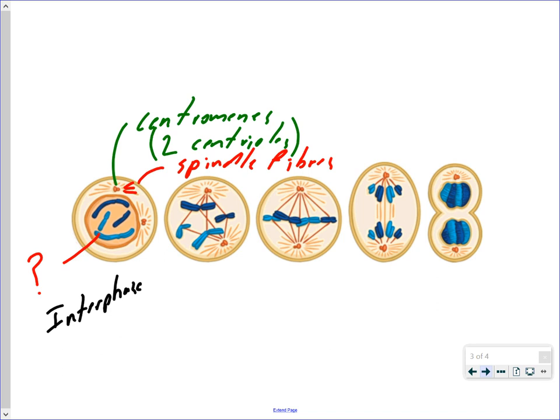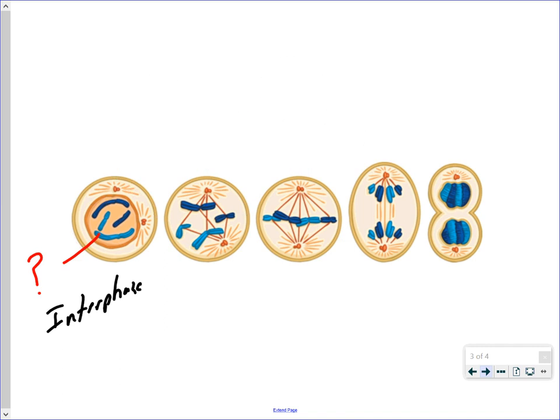With interphase, the nuclear membrane would still be visible, the centromeres and centrioles would not be fully developed, and spindle fibers would not really be forming yet. In reality, if this were interphase, we wouldn't be able to see the chromosomes, but they would have been duplicated at this point. Interphase is not one of the phases of mitosis. All of the other ones are phases of mitosis. So the first one here is prophase.